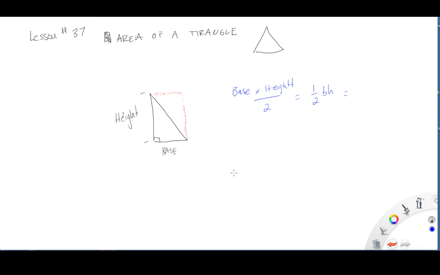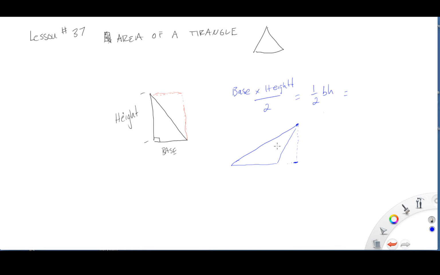All right, there's a couple things to remember. If you have a triangle that looks kind of like this, we call that a scalene triangle where all three sides are different. How do you find the height of a triangle? Well, the height is still its highest point all the way down to its lowest point, even though you don't see that as part of the triangle.